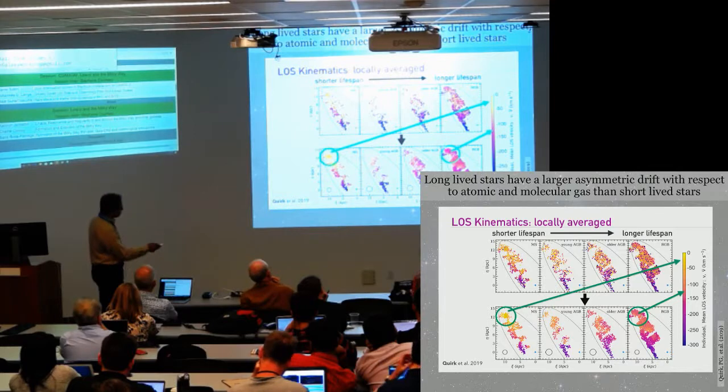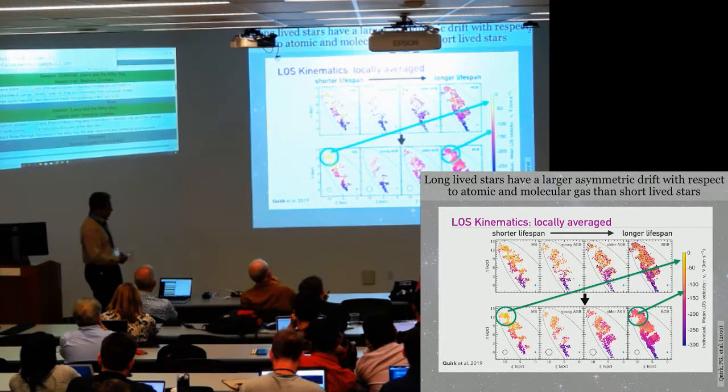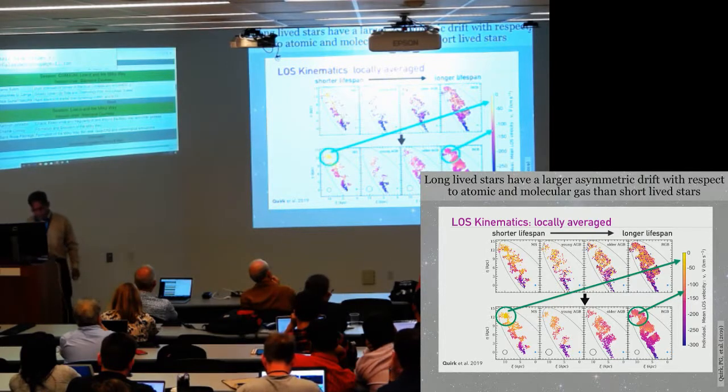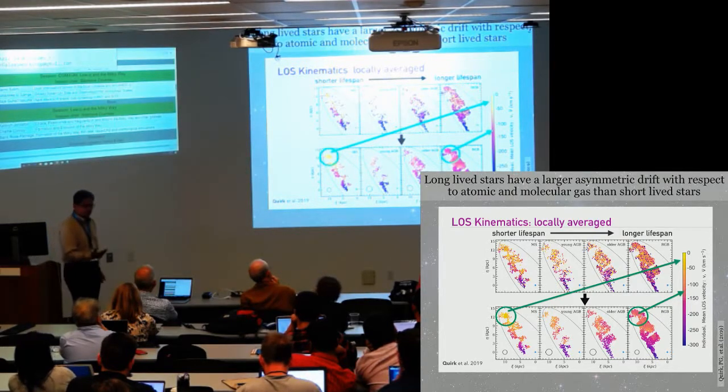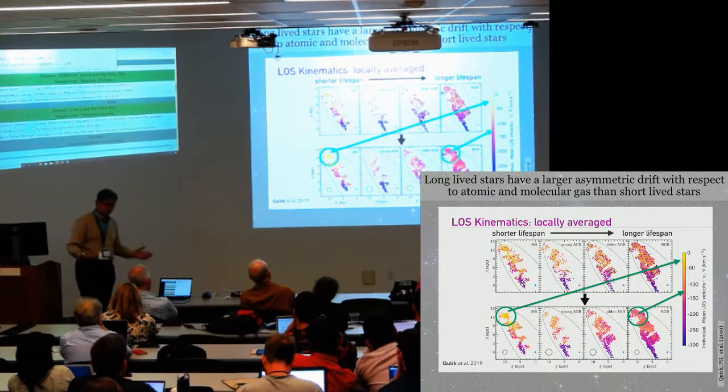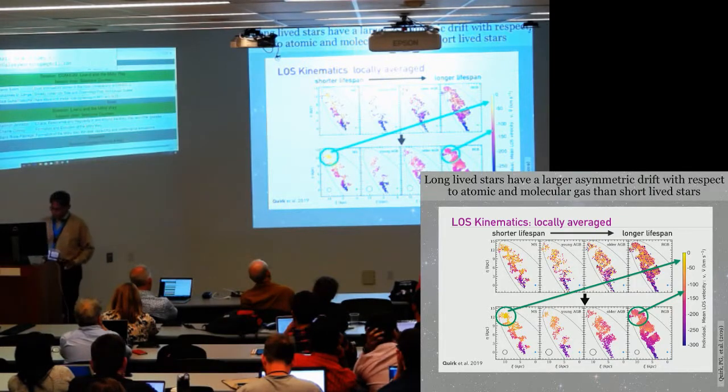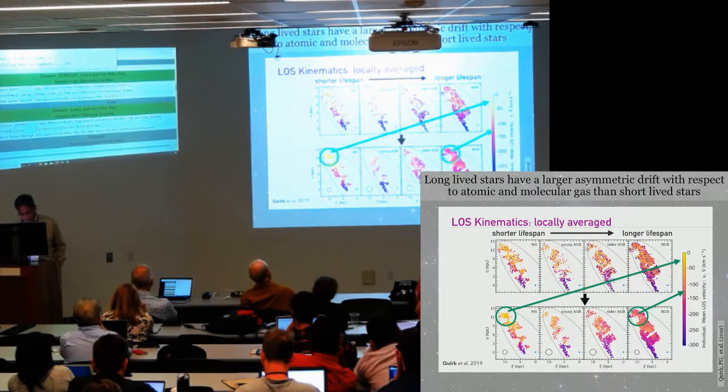The range of velocities, while significant, is not as high for the longer lived stars. So there's asymmetric drift relative to the H1. The H1 map looks a lot like this. So the youngest, the shortest lived stars have practically 0 asymmetric drift, but the oldest stars, the longest lived stars, have significant asymmetric drift.